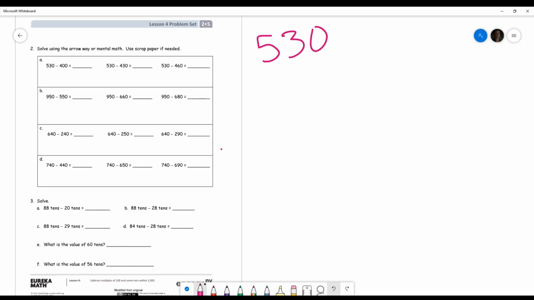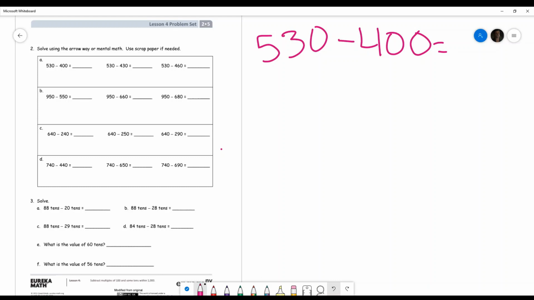So I have 530 minus 400. Now in my head, I'm going to break this up to make it easier to solve using my mental math strategies. So first I'm going to break apart the hundreds.